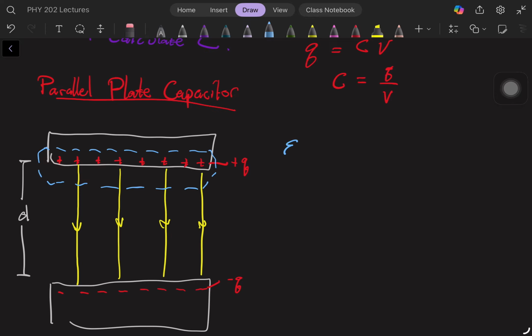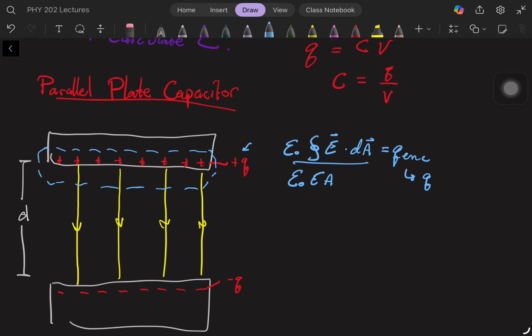We have epsilon naught, the integral of E dot dA is equal to Q enclosed. Q enclosed is just our plus Q right here. And this is going to turn into epsilon naught EA, right?